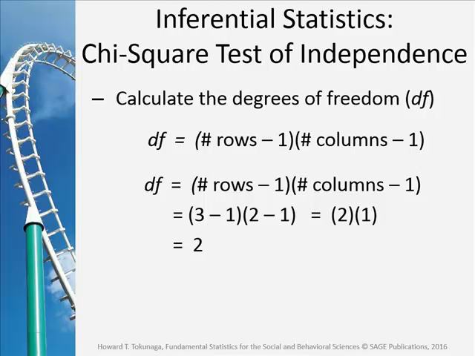What isn't the degrees of freedom based off of in this test compared to other statistics? Yeah, right? So we're not looking at the sample size here at all. With the z-score or the t-test, we were looking at the number of observations, but with this we're looking at the number of categories or the number of boxes in our table.